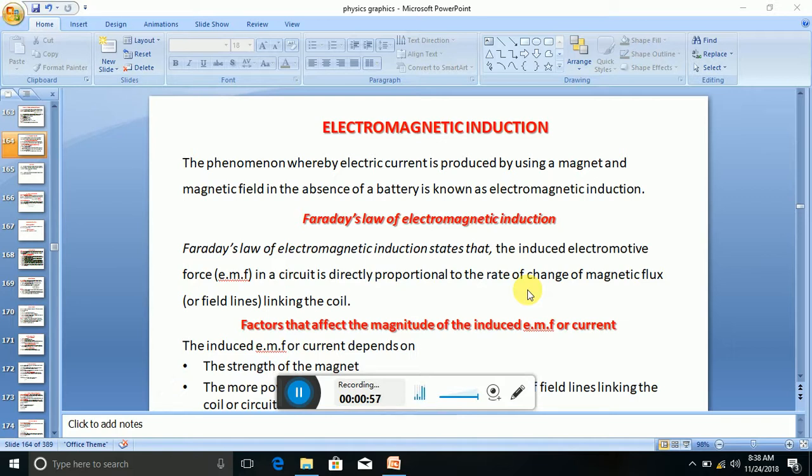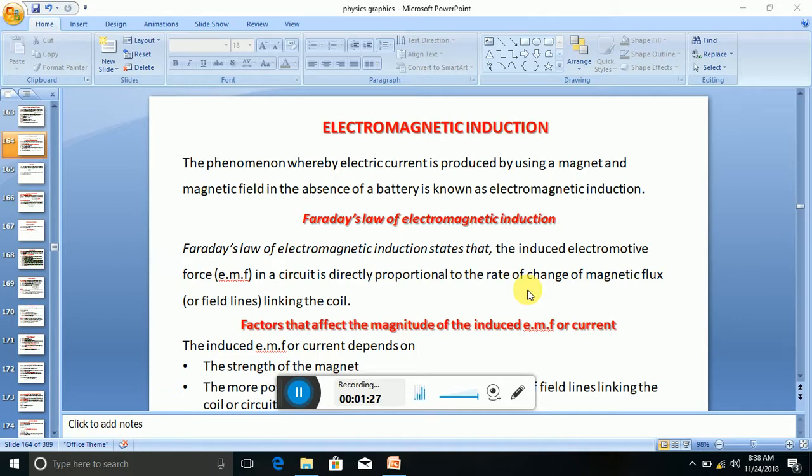Now we look at Faraday's law of electromagnetic induction, which states that the induced electromotive force (EMF) in a circuit is directly proportional to the rate of change of magnetic flux or field lines linking the coils.